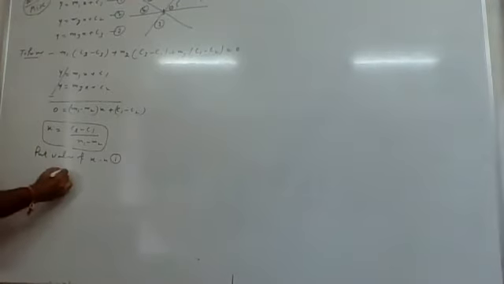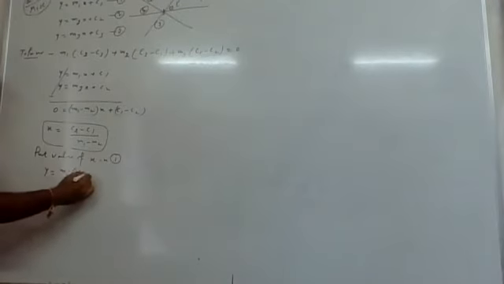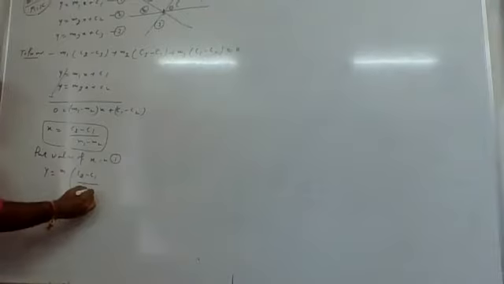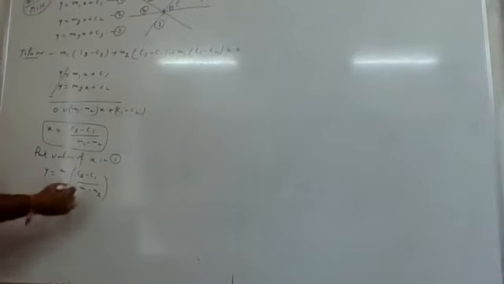So y is equal to m1 times (c2 minus c1) upon (m1 minus m2) plus c1.